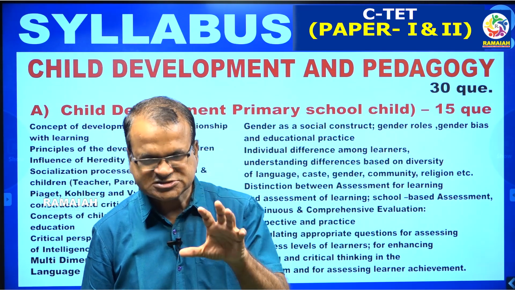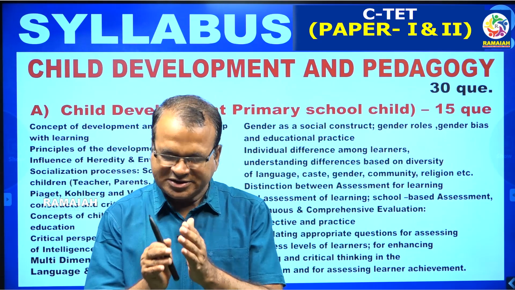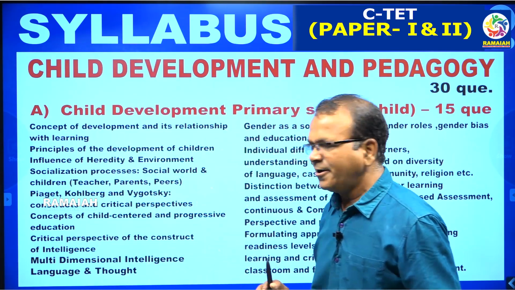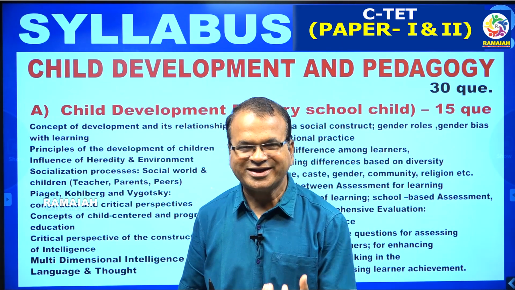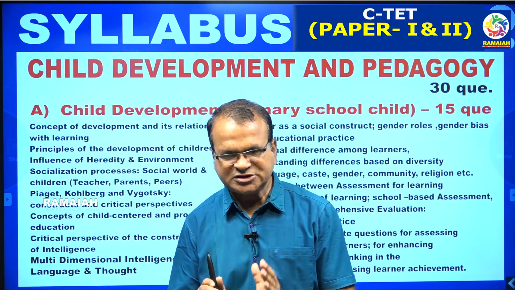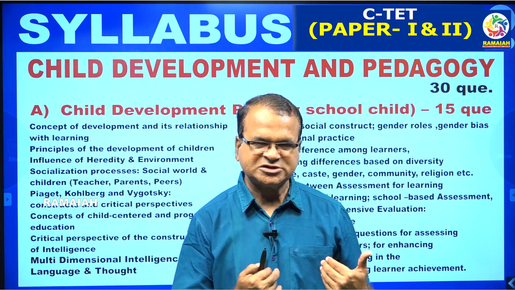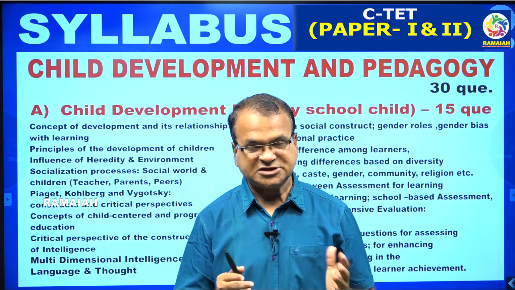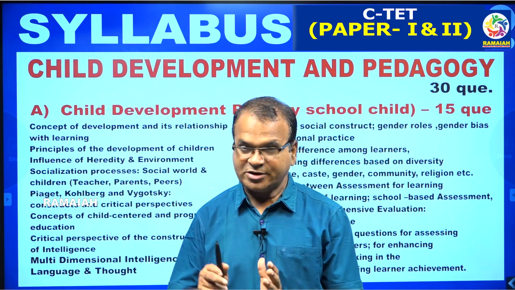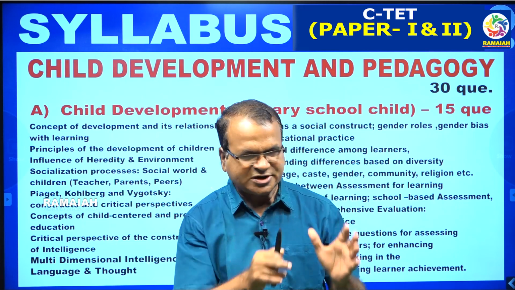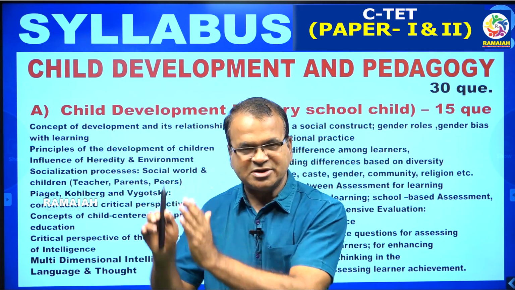So we have to understand the child from different dimensions. By having an understanding of these issues, we have to understand this syllabus. Here we have to understand the child from a critical point of view, because every child has normal thinking and abnormal thinking, normal and abnormal lifestyle. Every child has normal tendencies, and at the same time abnormal tendencies.